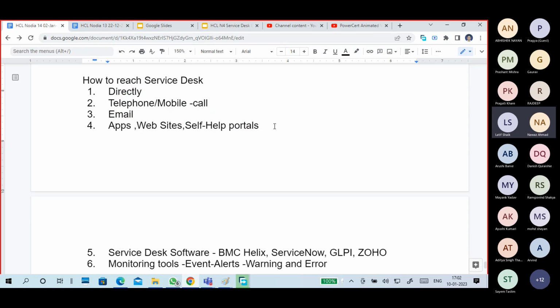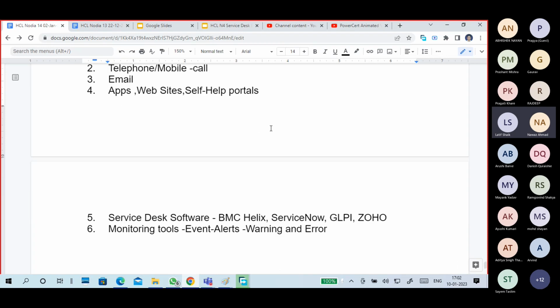You can go to them and give complaints or send a request. Like with Amazon, if you have a problem, a delivery issue, you go to the app and there is customer support. From there you give information and you will get a call from them. You have to explain. Then they will tell you when it will be resolved and when you should call back again. Once you're done, your problem will be resolved.